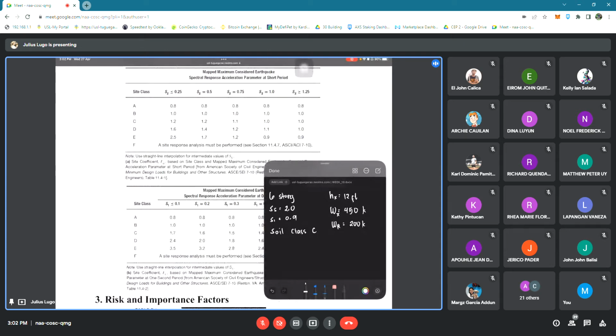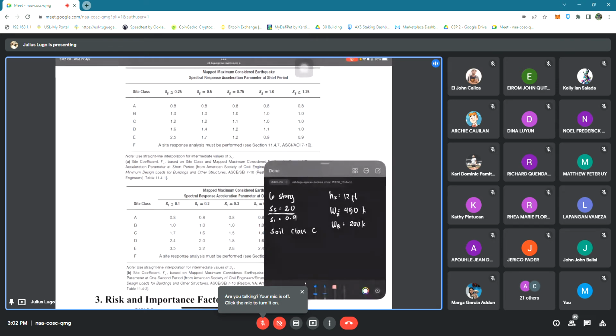Okay? So, we have no problem with soil class C. Now, let's identify where it will fall. Okay? So, what's the value of your SS? It's 2.0. So, where will it fall, guys? So, your SS, which is this one, your SS value is 2.0.